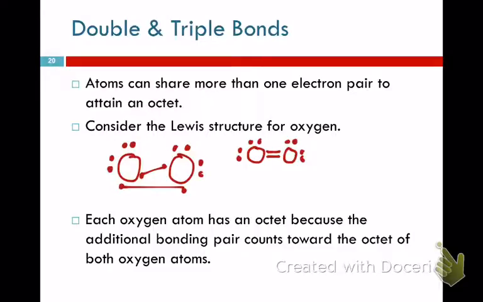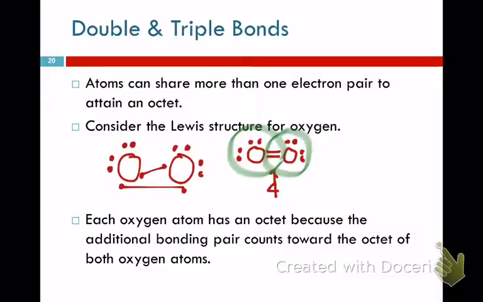Now this, right, that's how many electrons there? 4. So if I draw my circles, and you count, right? 1, 2, 3, 4 pairs.